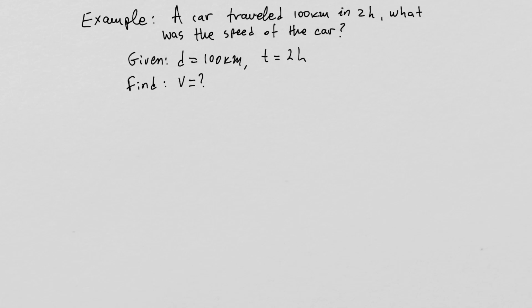Okay, so if we look at the formula that we have available on our formula sheet, we see that there is one formula that relates those three quantities, v, d, and t. And this formula is the formula that I discussed on the previous slide, and that is that v is equal to d divided by t.